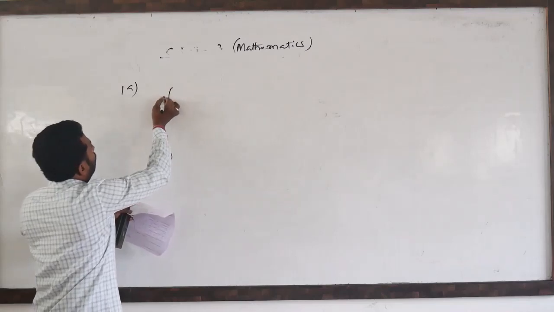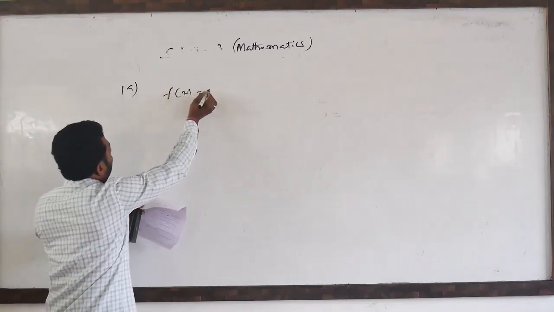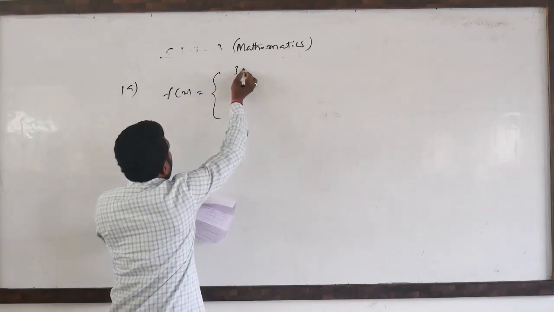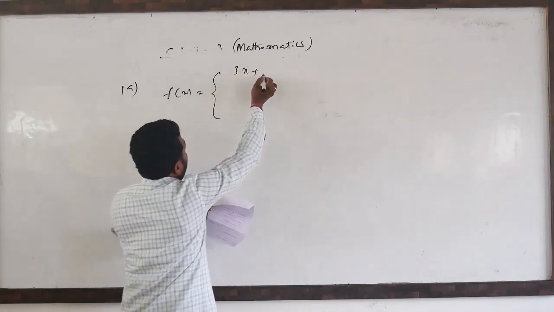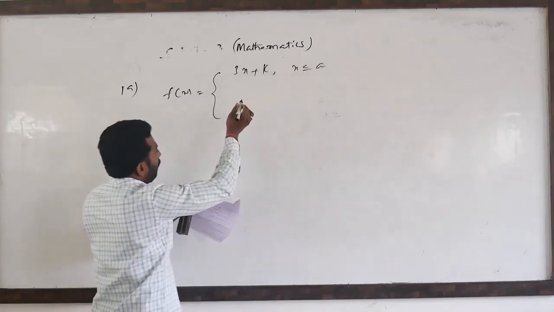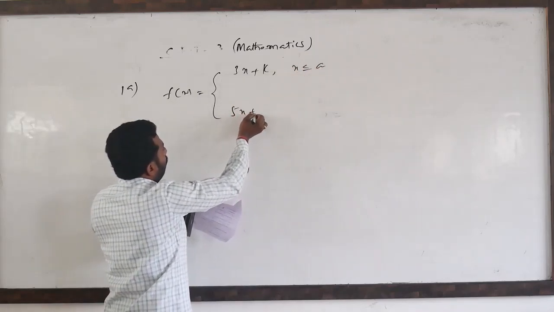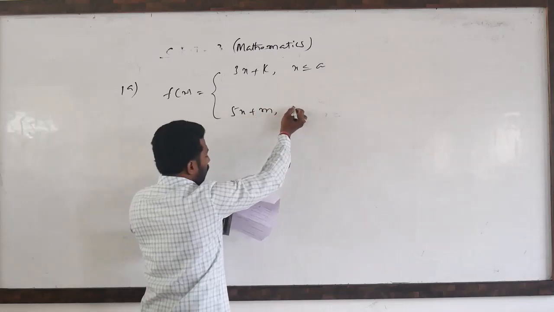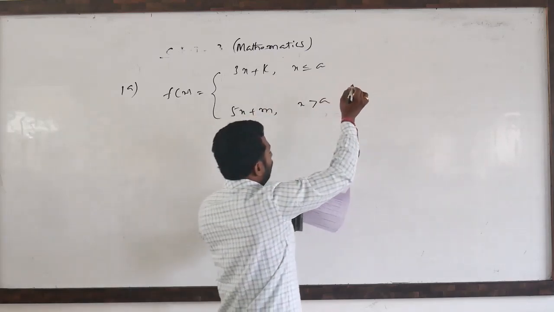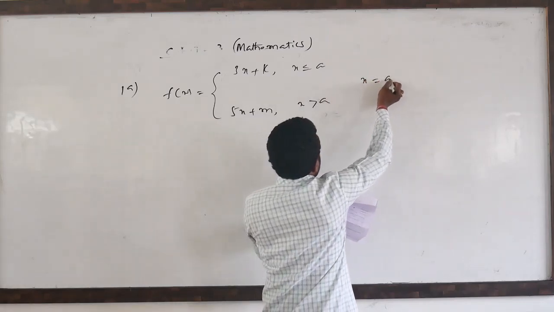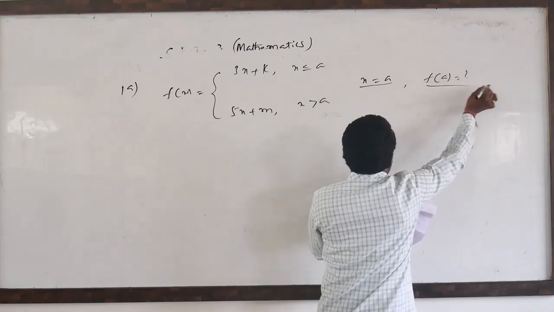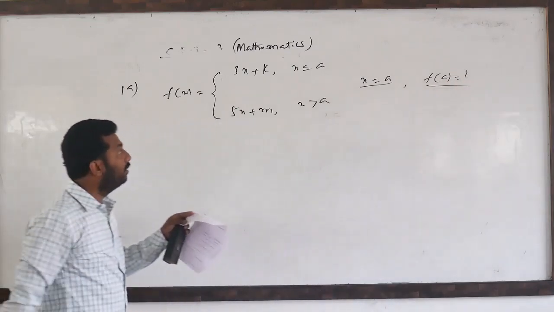F of x equal to, see, this is 3x plus k whenever x less than or equal to a, 5x plus m whenever x is more than a. This is continuous at x equal to a. Then what they are asking? F of a value they are asking.